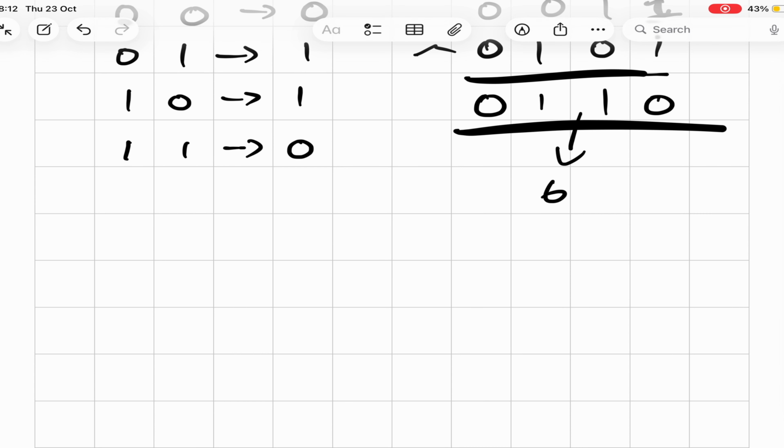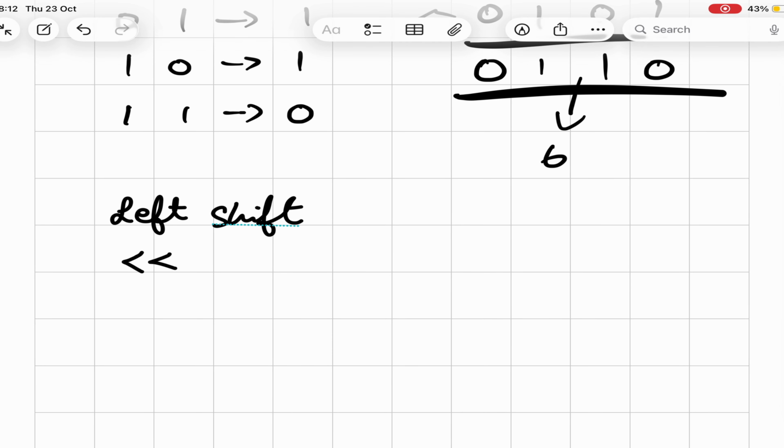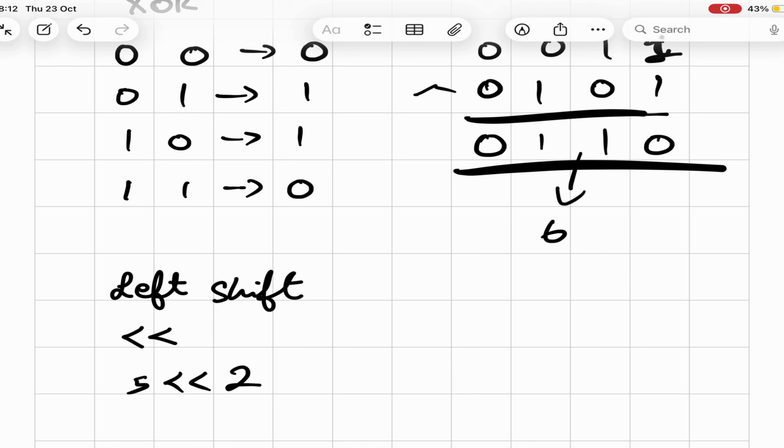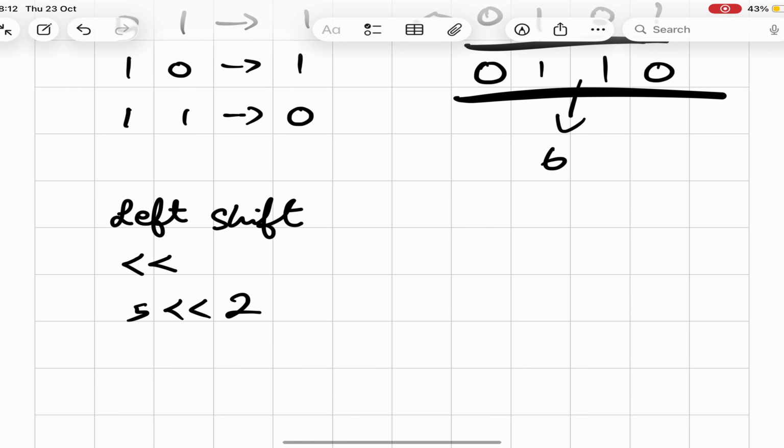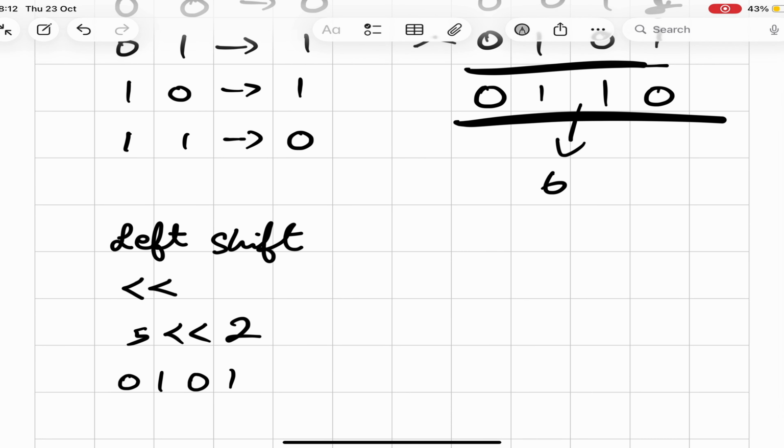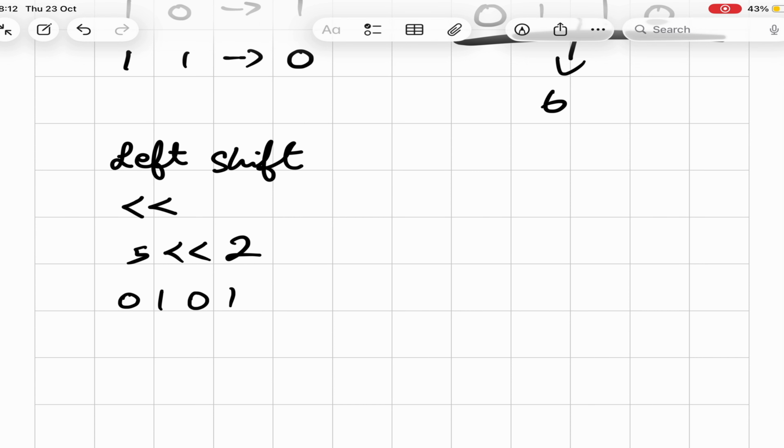Next what we have is left shift and right shift in bitwise. So left shift, we represent it with this symbol. Okay, and let's say left shift of 5. So I want to left shift 5 by 2, that is, shift 5 two bits to the left. So initially, 5 is nothing but 0101, right?